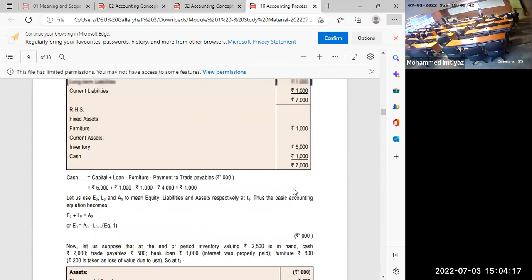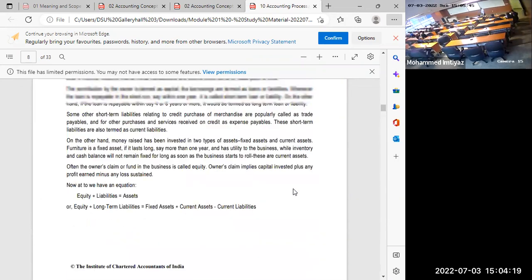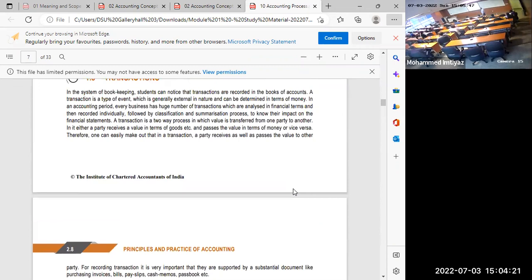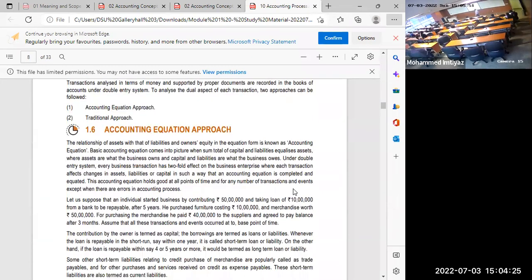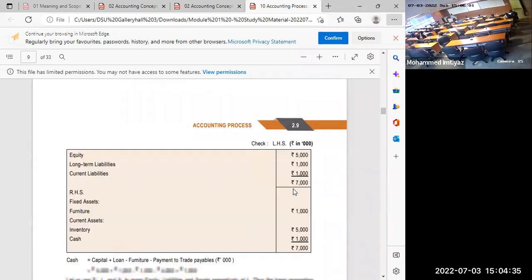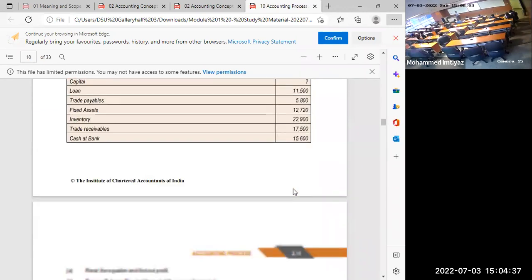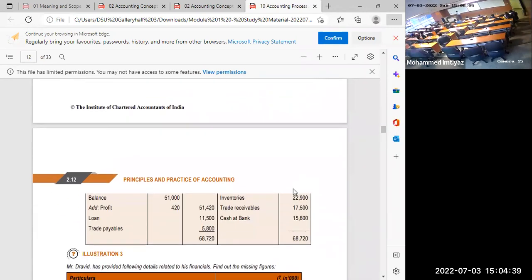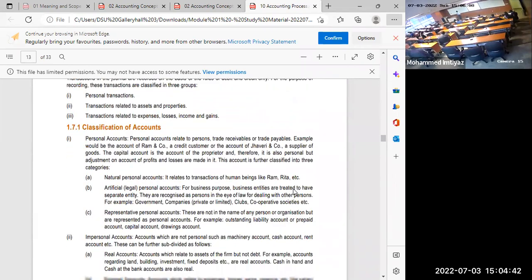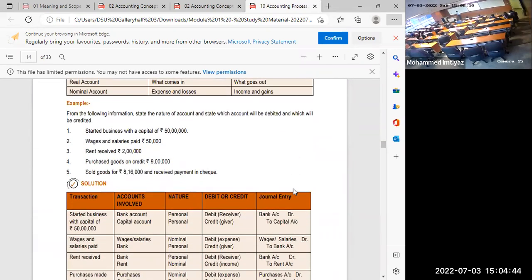The nominal account rule says debit all expenses and losses, credit all income and gains. And the personal account rule says debit the receiver, credit the giver. It is there in the slide.